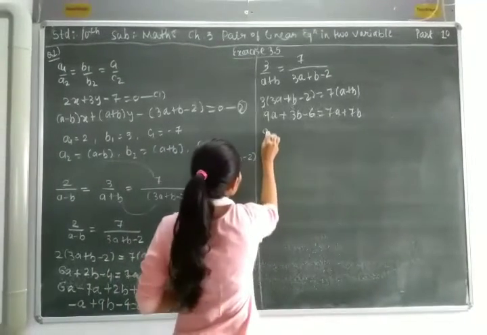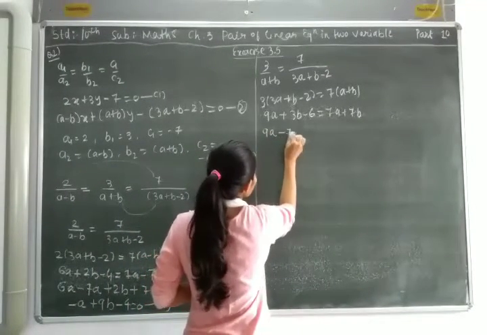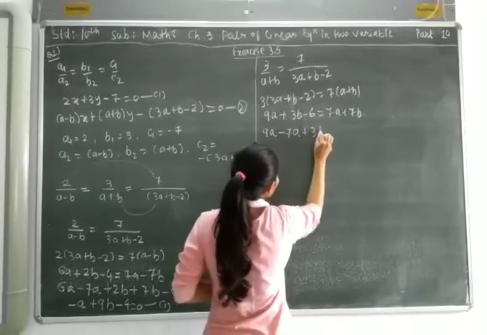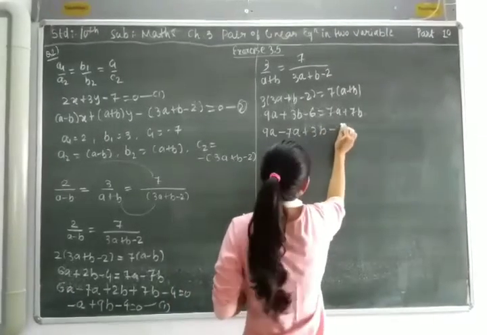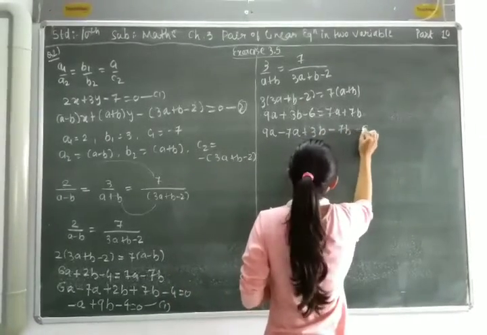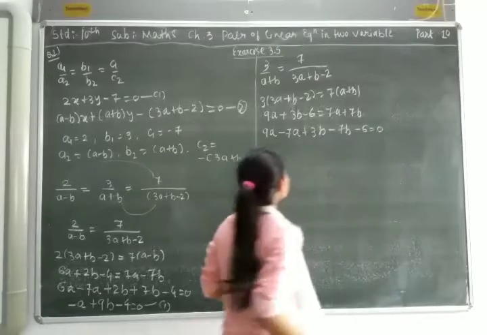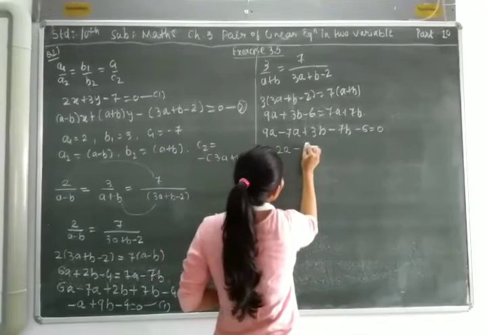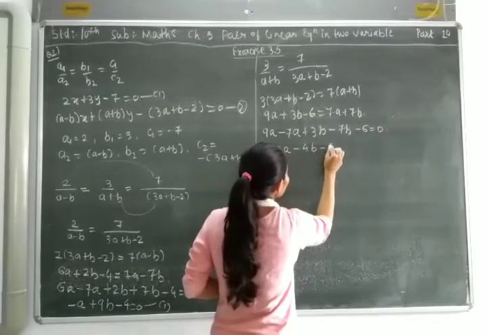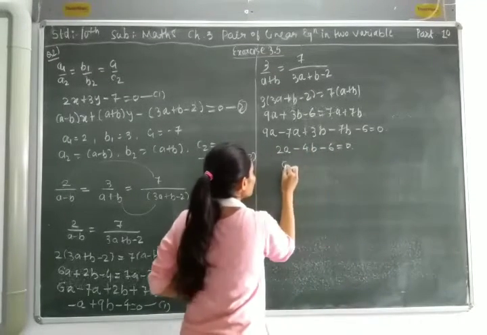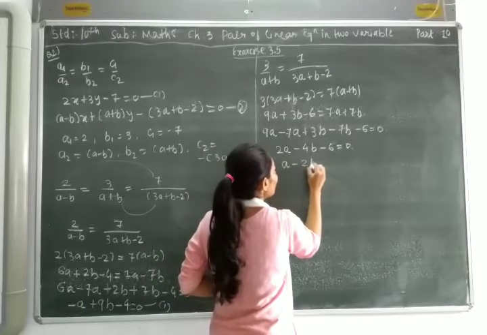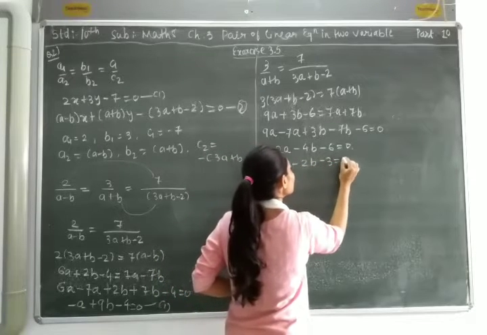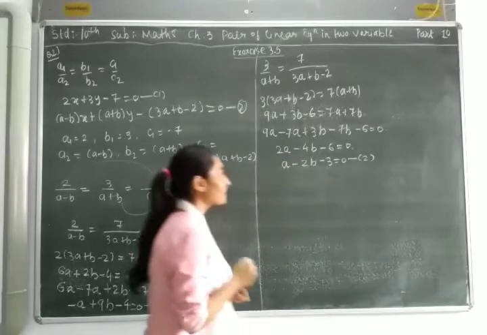So 9a minus 7a plus 3b minus 7b minus 6 equals 0. So 2a minus 4b minus 6 equals 0. So a minus 2b minus 3 equals 0. This one is equation number 2.